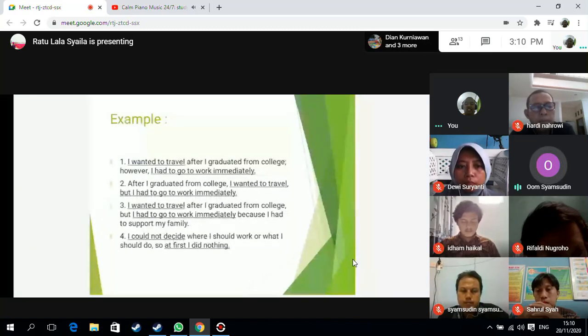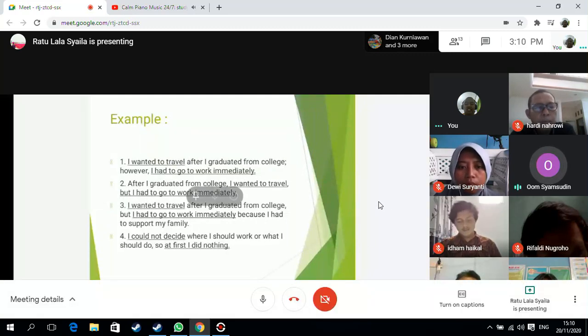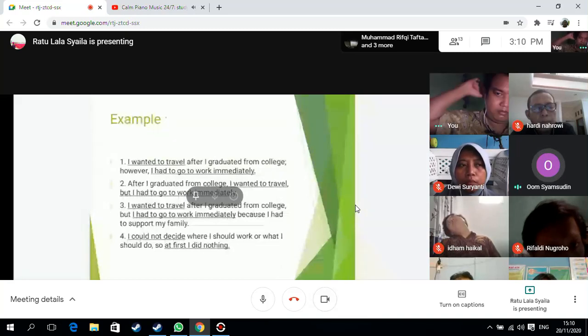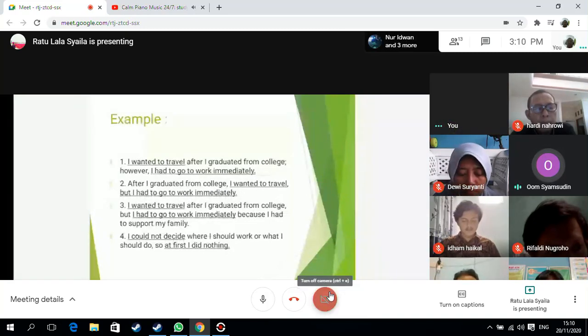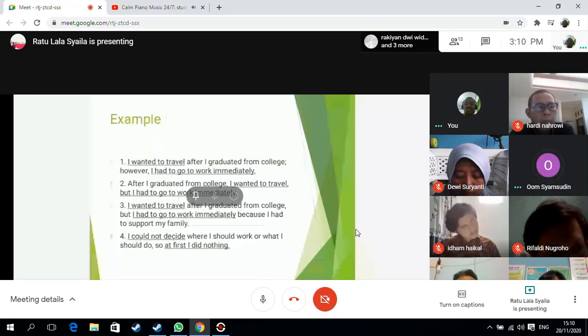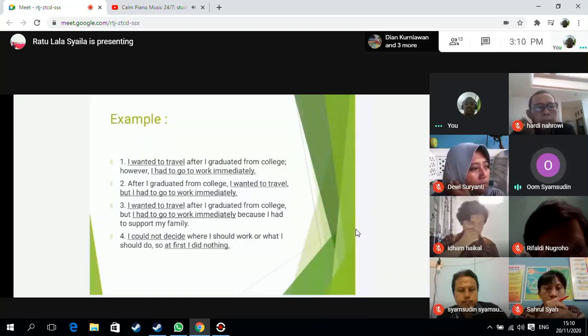Tolong diperhatikan Bapak Ibu ya, kita masih academic writing, which is how to write in English, in correct English. Tapi juga kita belum sampai ke akademik, ini masih simple sentence, ya. Sayang sekali saya nggak bisa lihat Bapak Ibu.